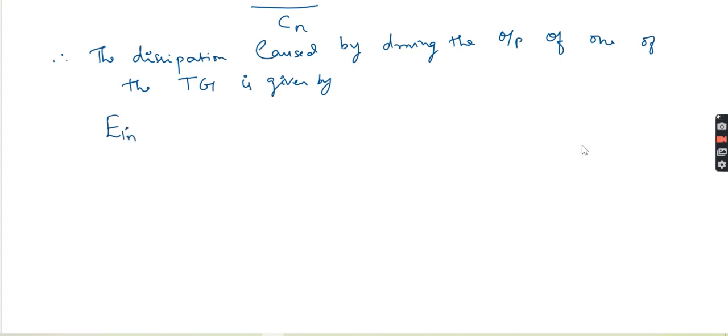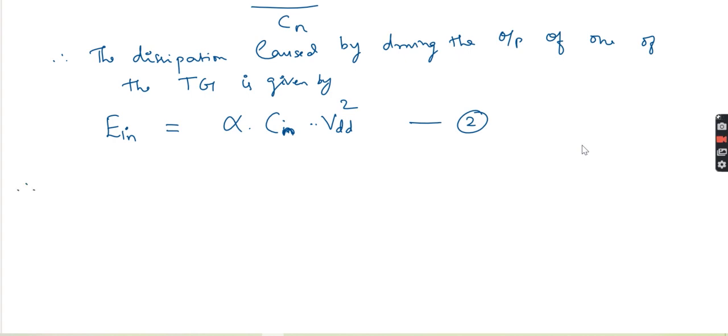That is E in. So E in is equal to, what's the E in? Alpha into Cn into VDD square. That is the input energy. The input energy will be alpha Cn VDD square. Alpha is the scaling factor, as we know. Then Cn is nothing but the gate capacitance. Then VDD is nothing but your power supply voltage. So we'll consider this as equation number 2.